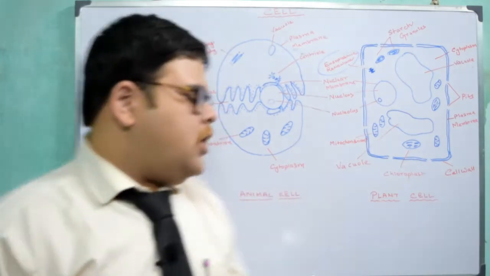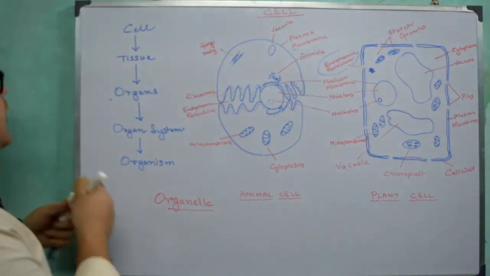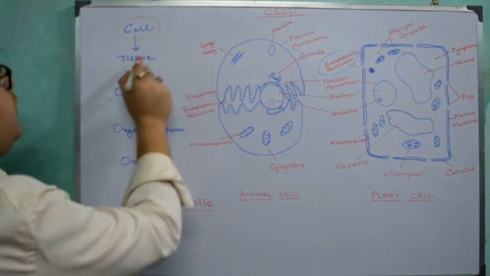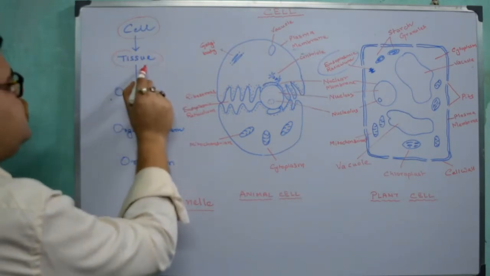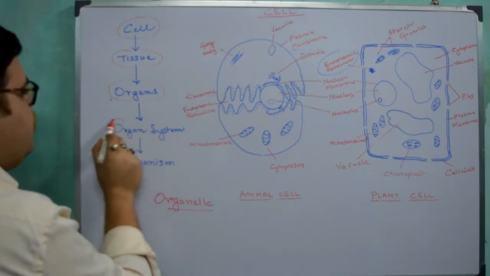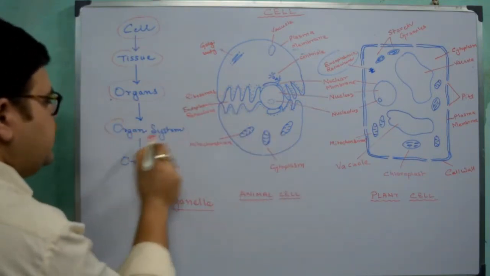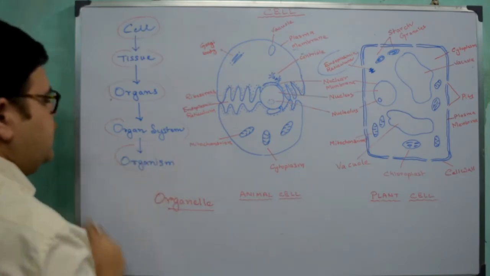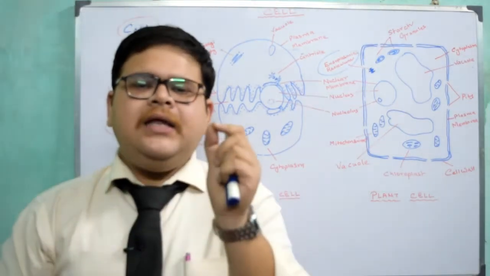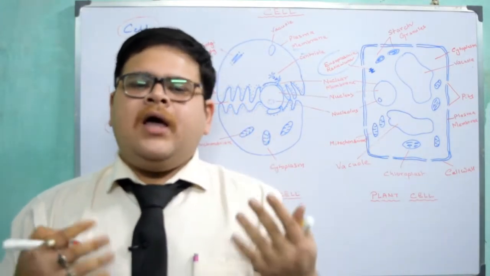These cells together form tissue. Tissue in a bundle forms an organ, and these organs form an organ system. As a result, several organ systems form the organism. Cells are very tiny and we cannot see them with the naked eye.